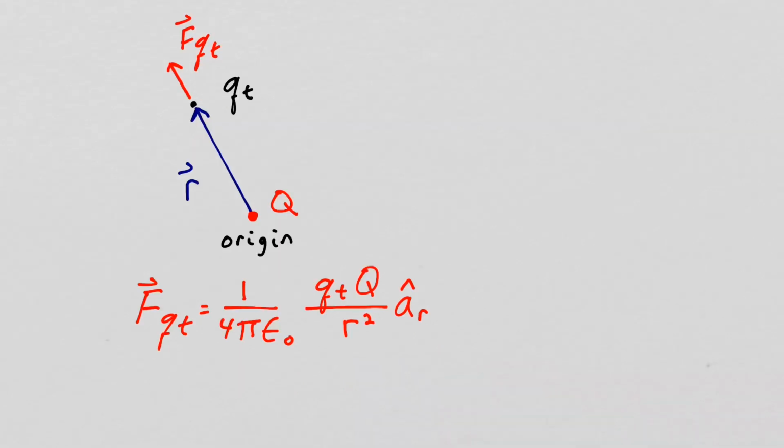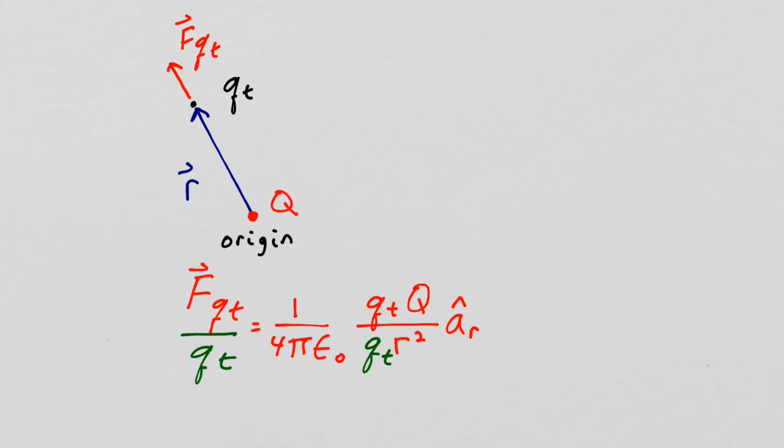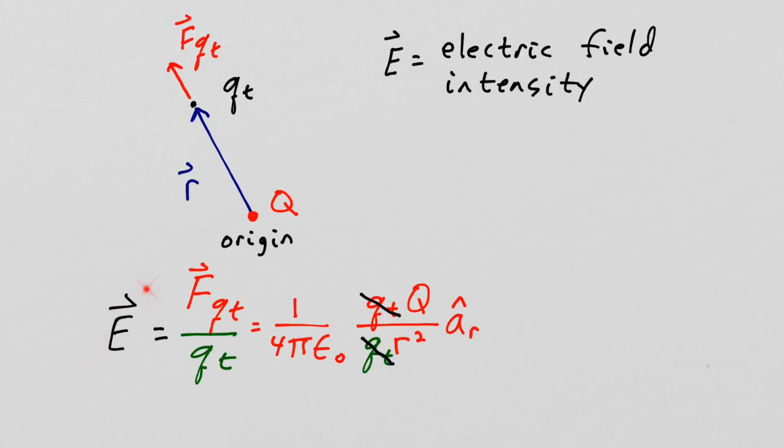Now let's take Coulomb's law and divide both sides by Q sub t. On the right-hand side, the Q sub t's will cancel, and let's rename the force on Q sub t divided by the charge Q sub t E. E is what we call the electric field intensity.